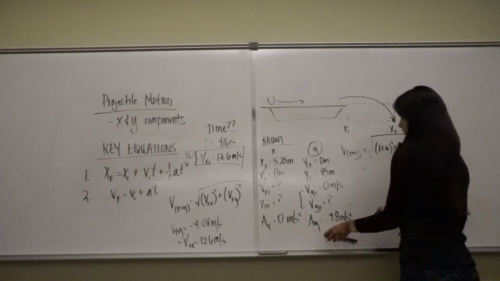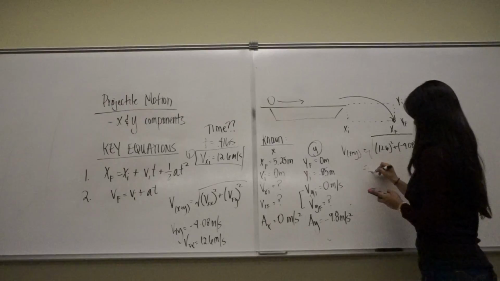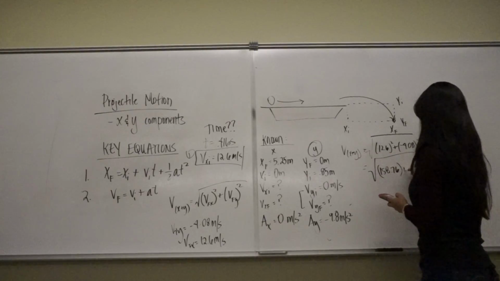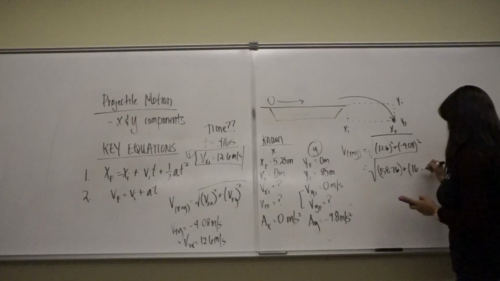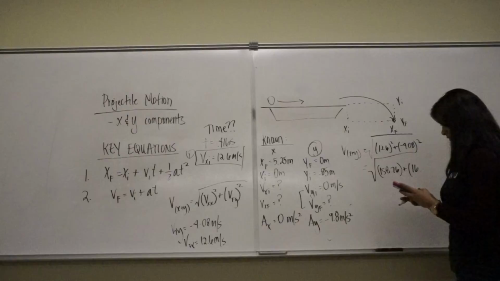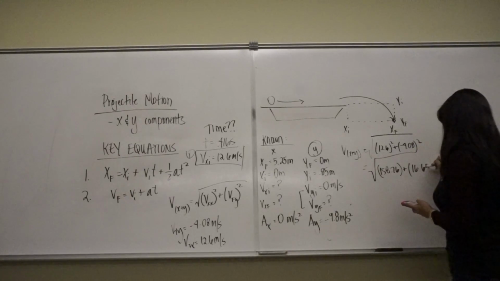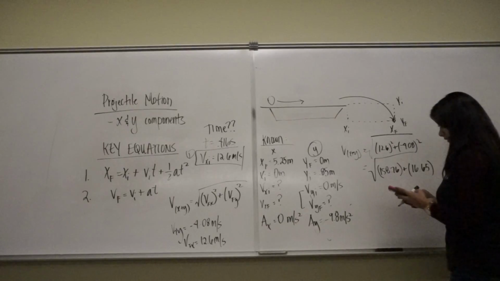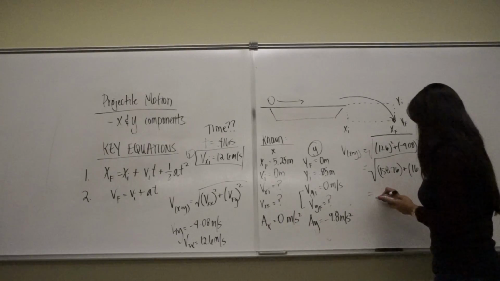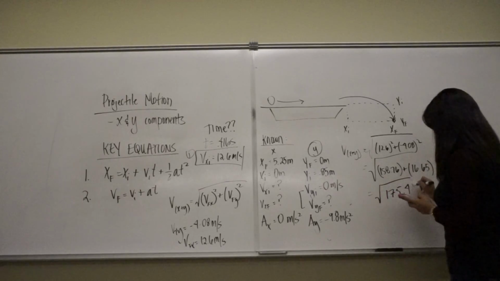Plugging that into our calculators, this is the square root of 158.76 plus about 16.65, for a total of 175.41.